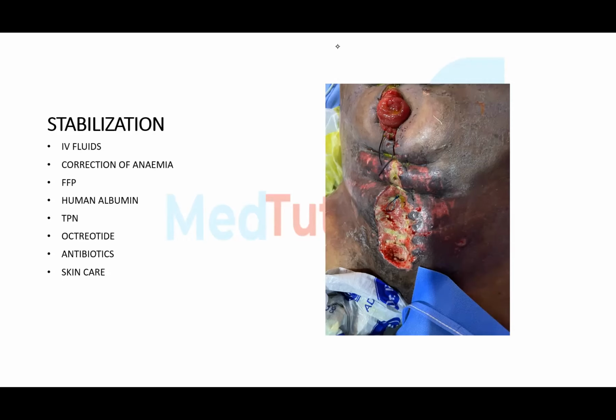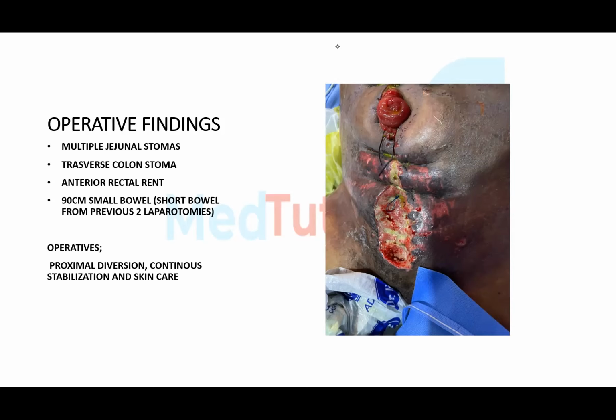Now I will tell you the challenge that I faced. Intraoperatively, what did I find? I found multiple jejunal stomas. I found a stoma in the transverse colon. There was a large rent in the anterior wall of the rectum, and the only intestine that this woman had was just 90 centimeters.